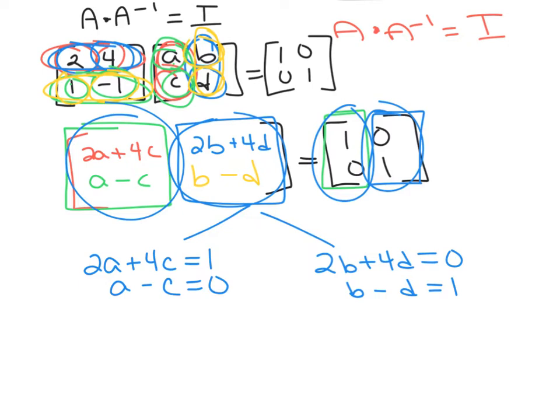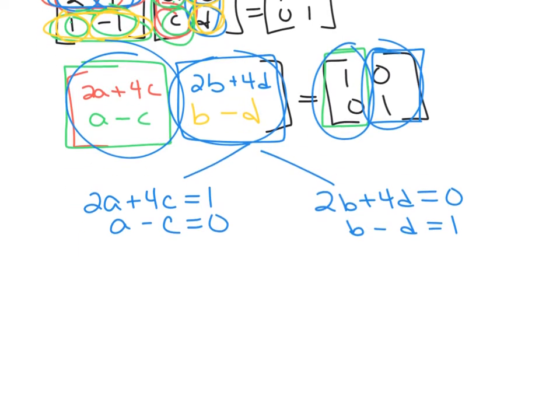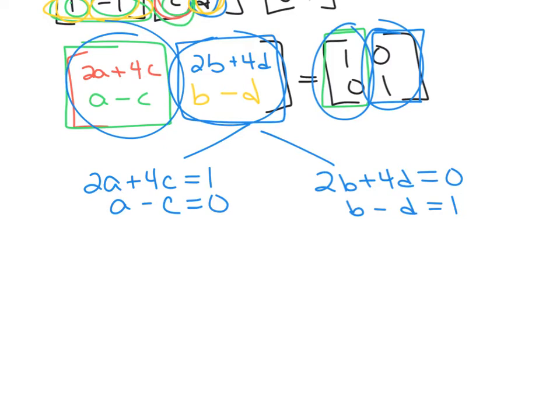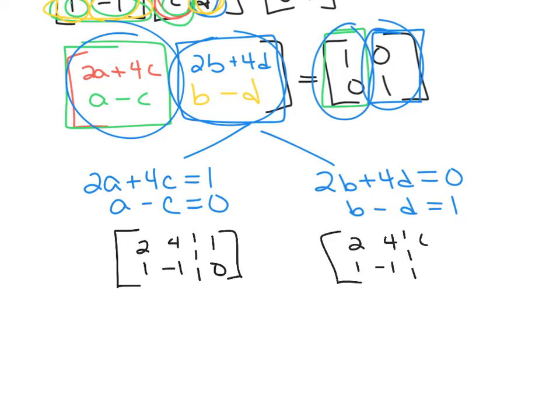Okay, well, I can create now 2 augmented matrices from this. So let's write, we'll have 2, 4, 1, 1, negative 1, coming up with the augmented matrix. And then from here, I will have 2, 4, 1, negative 1, and 0, 1.